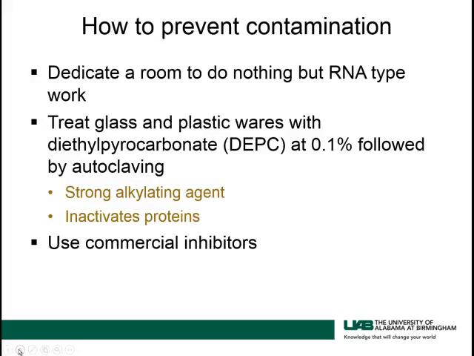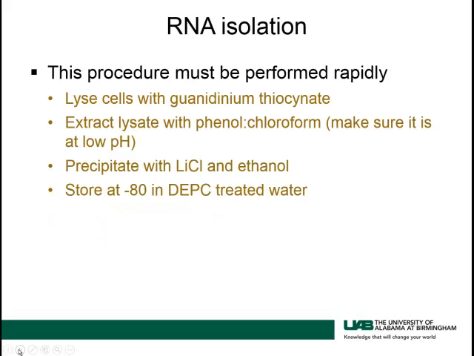Then you rinse them off and autoclave them at about 340 degrees for at least half an hour. This is a strong alkylating agent, and of course, if it alkylates the proteins, it will inactivate them. Or another way to get rid of RNases is by using commercial inhibitors.